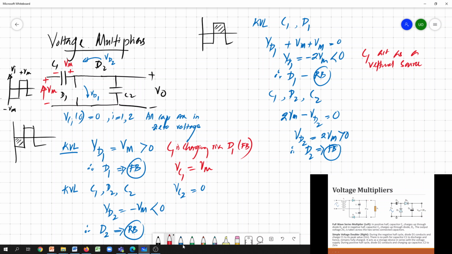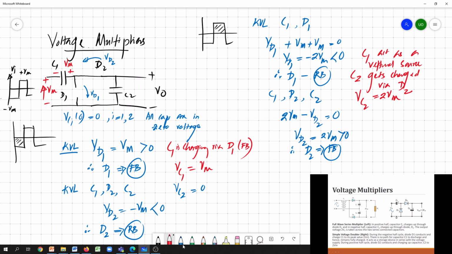So now what happens? Now the C2 gets charged via D2. Now D2 gets forward bias, and the C2 basically charges. So Vc2 is now charged to 2 times Vm, because the actual voltage appearing across C2 is the voltage across the input, which is Vm, and the internal voltage across C1, which is again another Vm.